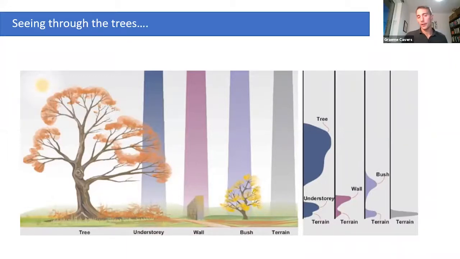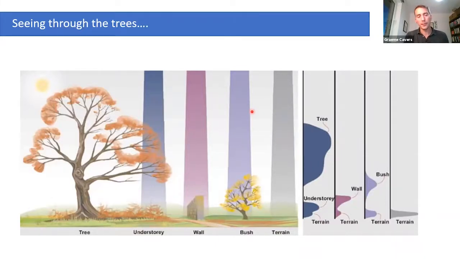But what modern LiDAR systems are able to do is, this diagram illustrates how, if you imagine the laser beam coming down from the plane, some parts of that laser beam manage to find their way through the gaps in things like branches and trees. And by using a filtering technique, the sensor is able to tell the difference between the pulses that made it to the ground and the parts of the pulse that were reflecting off the first return or the first bounce back.